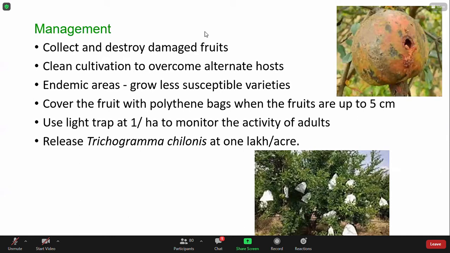The area where this pest is reported frequently, they have to plant less susceptible, in other words, resistant varieties, right? We have to cover the fruit with polythene bags when the fruits are up to 5 centimeters. The polythene bag is not always recommended. We can have different types of bag, and in your discussion, please note it down.